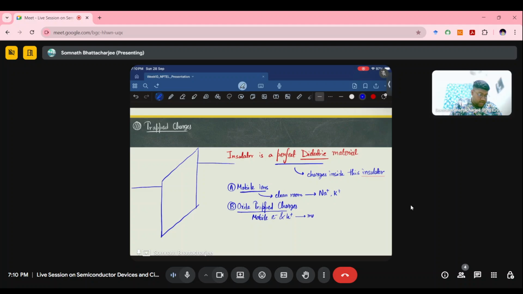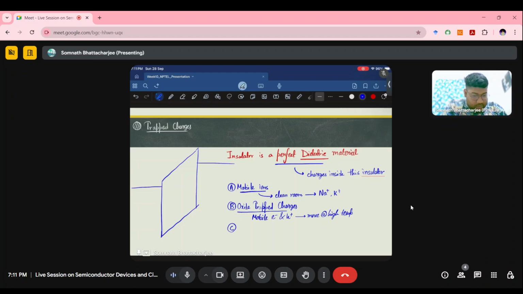So these can move at a higher temperature, and because of these trap charges inside this oxide layer or insulator layer, they will move when the device is getting heated up or you are applying a voltage, and based on that there will be a slight bit of current flow inside this.